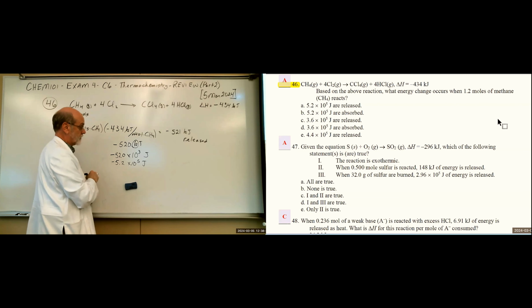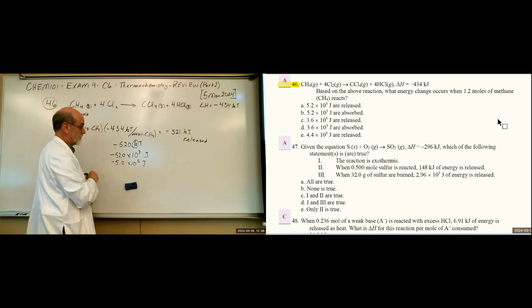Let's see, who's next? 51. Okay. Specific heats of metals. If the same amount of heat is added to 25 grams of each metal, which are all at the same initial temperature, which metal will have the highest temperature?